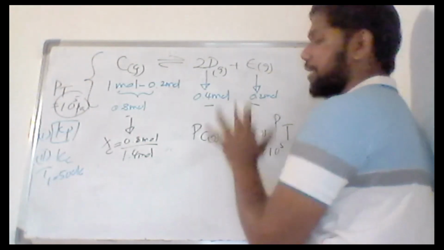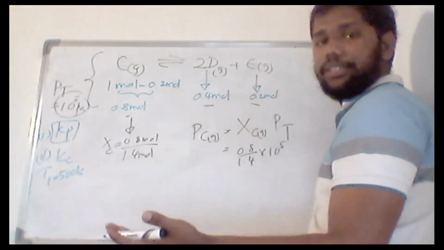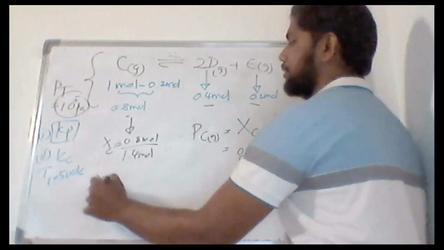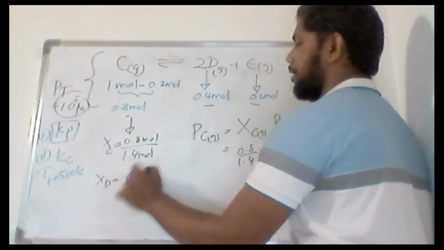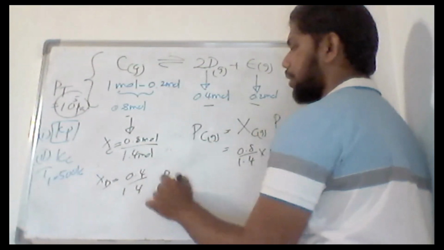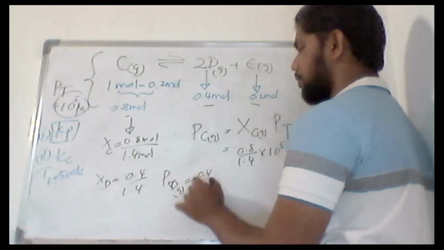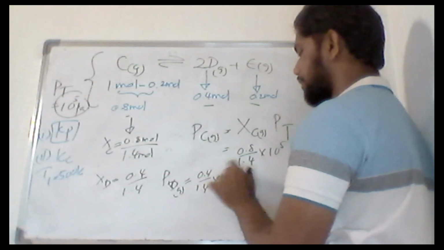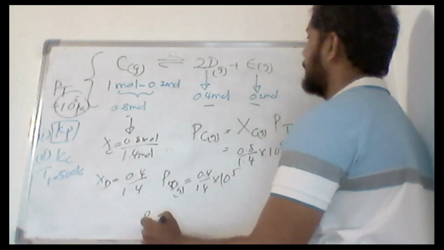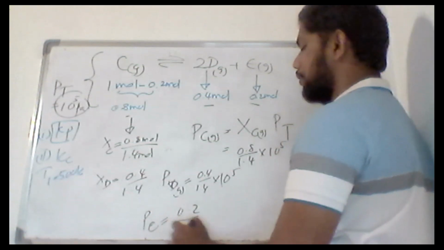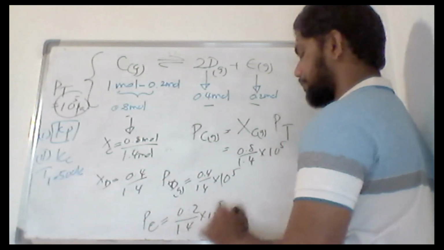Okay. So in the same way, you can find the partial pressure of D as well as the partial pressure of E. So XD is 0.4 over 1.4. PD is 0.4 over 1.4 times 10 to the power 5. And in the same way, PE is equal to 0.2 over 1.4 times 10 to the power 5.